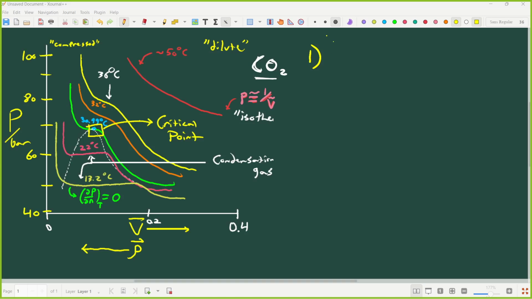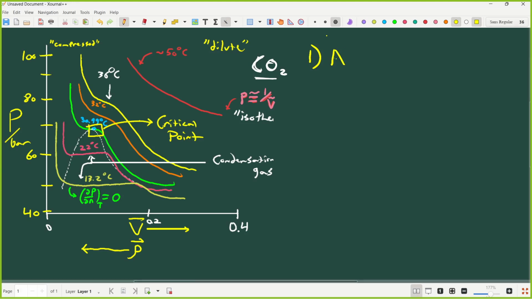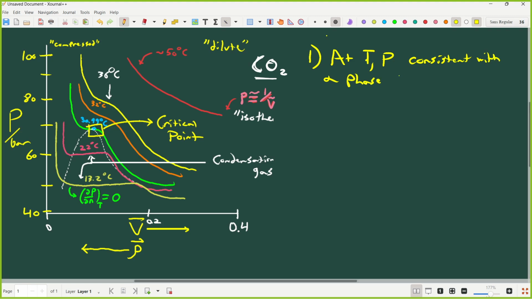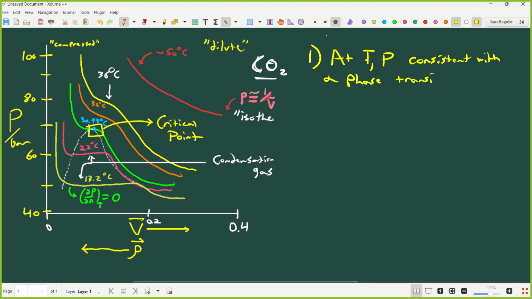One observation is what we saw last class: at a phase transition at T and P, so at the melting point or the boiling point, we saw that delta G for that process is equal to 0.